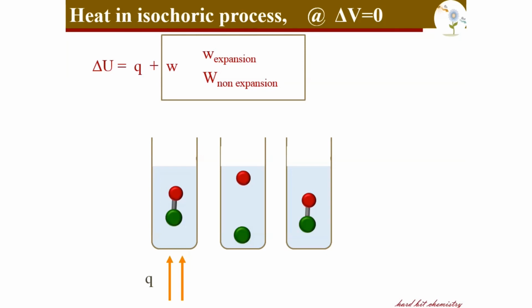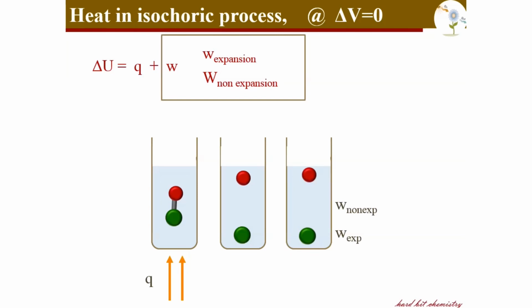That is a non-expansion work, the breakage of the bond, and then the ions move far apart from each other. There is a volume change, so there is an expansion work associated there. So these are the two works occurring in this process: a non-expansion work, the bond breakage, and an expansion work, that is, the ions moving away from each other, needing more volume to occupy.